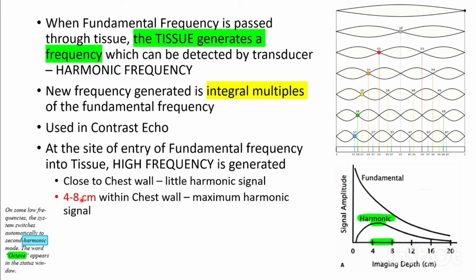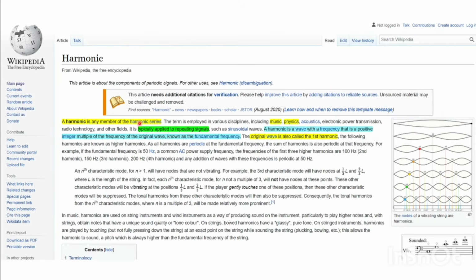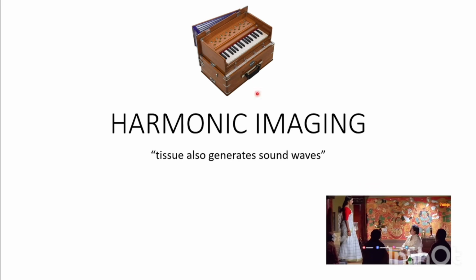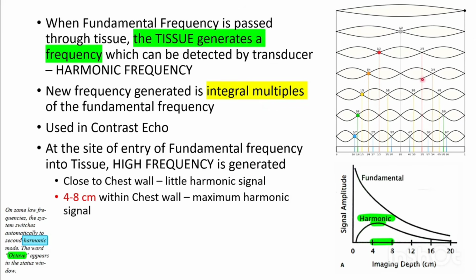That is the basics of harmonic imaging. It comes in multiples, the first harmonic, second harmonic, and so on. Based on this principle, musical instruments work too. It is in multiples of the fundamental frequency.